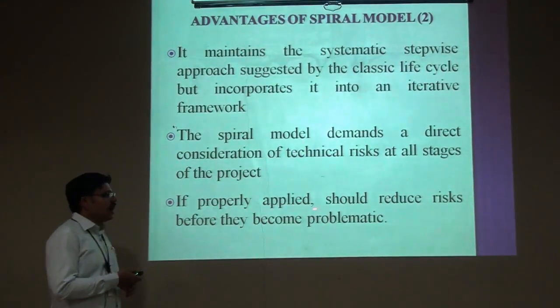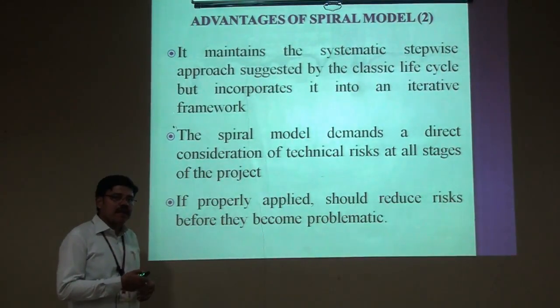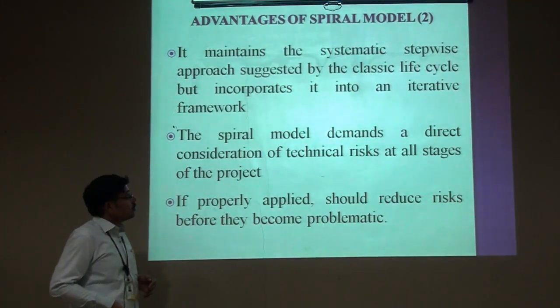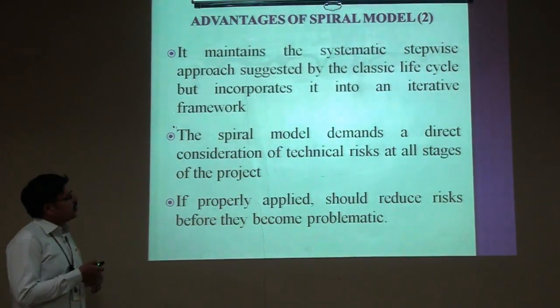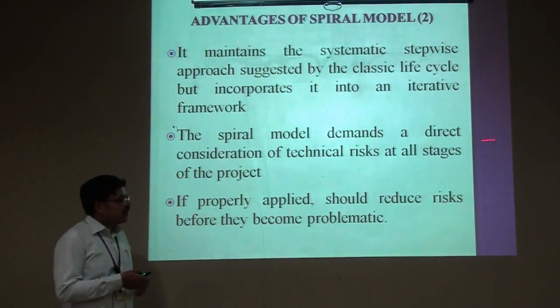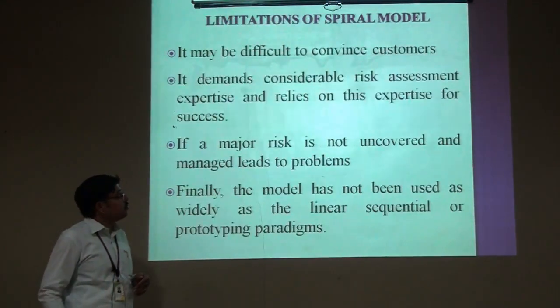If properly applied, this reduces the risk before it becomes problematic at a later stage. It maintains a systematic stepwise approach at each and every stage, and it reduces all the problems that are created in the initial stage itself.